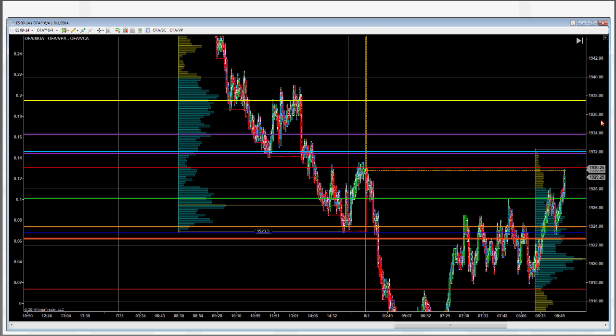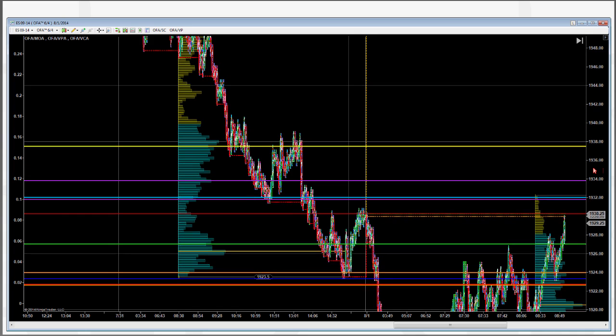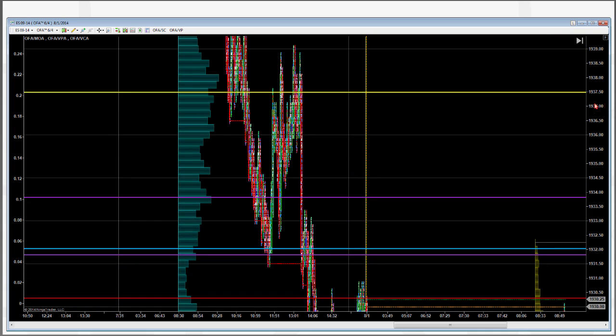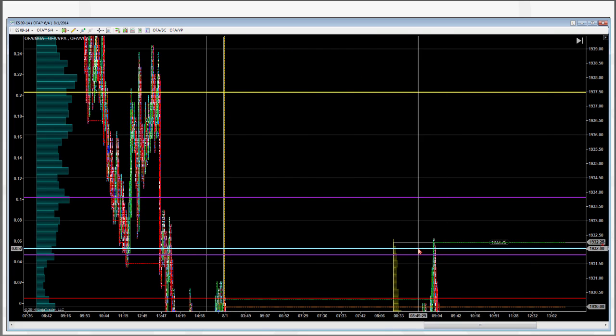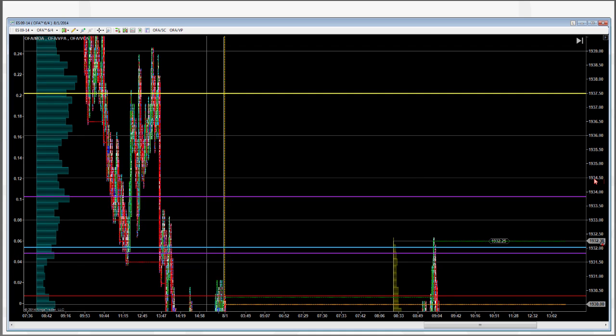I could clearly see, right up here, that part of the print too showed that this auction wasn't finished, which is why yesterday I looked for 32 again.